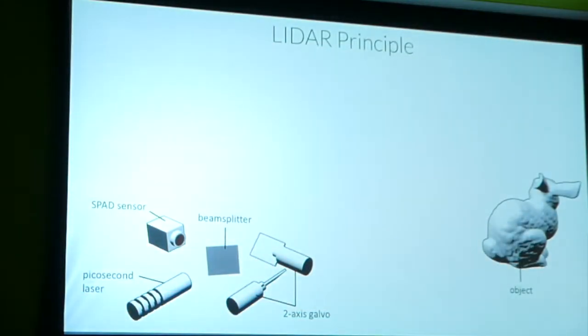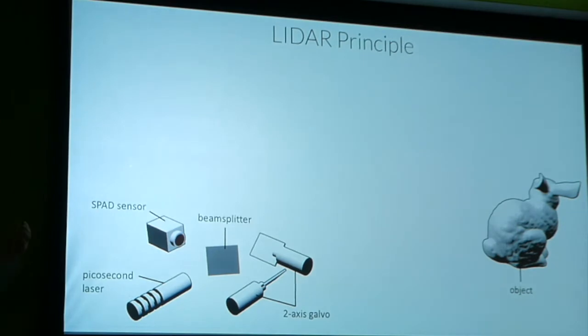Now, the way LIDAR works is actually fairly simple. So we have some detector that can measure the time that photons are arriving, and we synchronize this with a laser that sends out short pulses of light. These are both focused onto some point in the scene, and the detector simply measures how long it takes for that pulse to travel to the object and then bounce back and travel back to the detector.